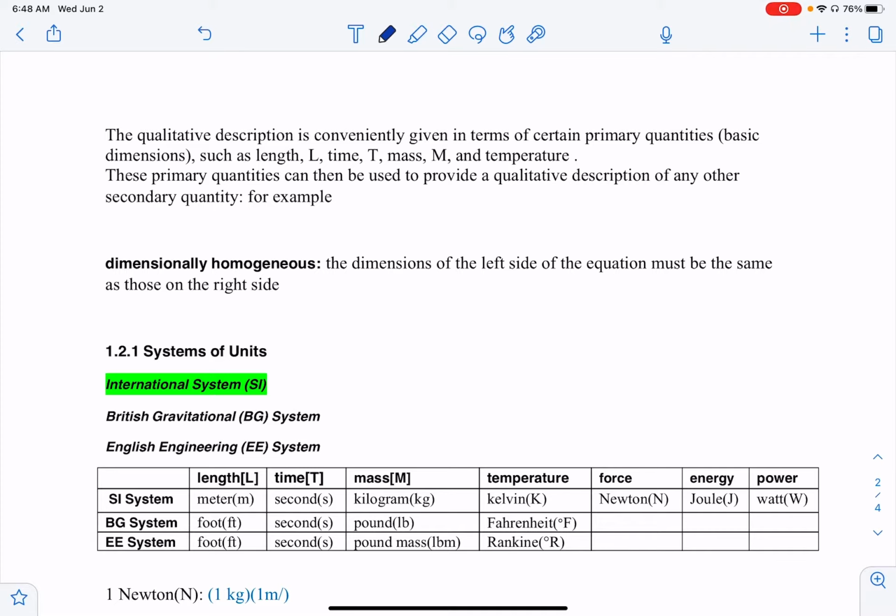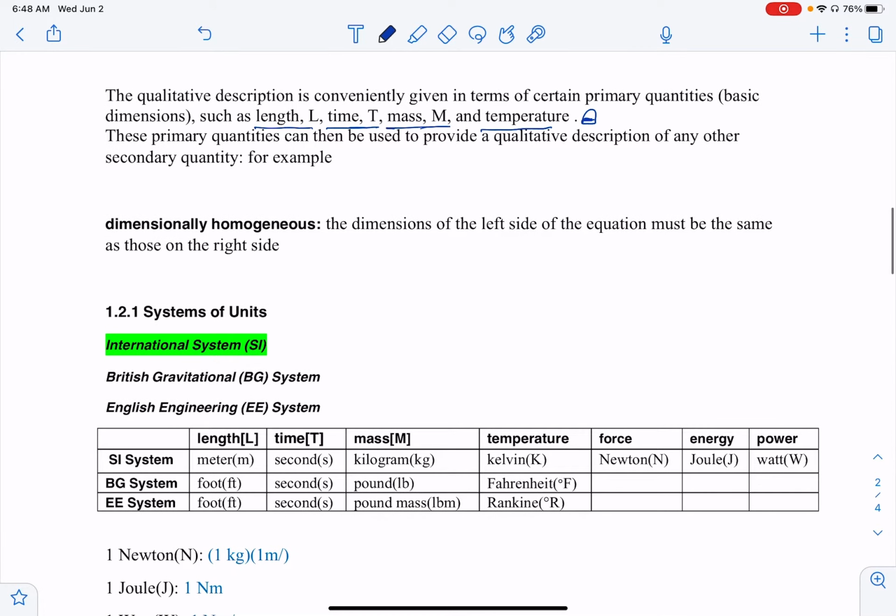These quantities are length, whose symbol is L, time, whose symbol is T, mass, whose symbol is M, and temperature, oh I forgot to write it down, whose symbol is theta. We can use these quantities to provide the qualitative description of the fluid.